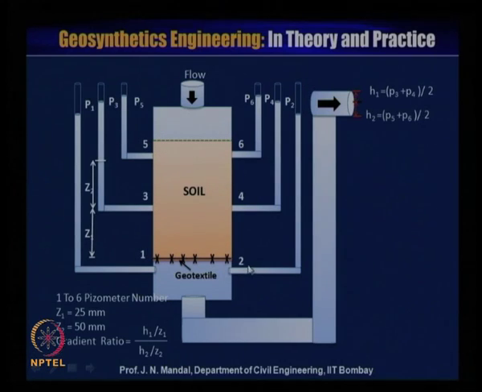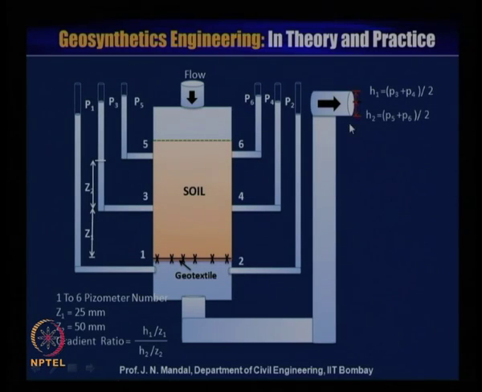At these points 1, 2, 3, 4, 5 and 6, this distance is Z1 and then Z2. So, Z1 is fixed at 25 millimeter and Z2 is 50 millimeter. From the piezometer readings, when the water passes through the soil and the geotextile, you can measure the piezometer values.